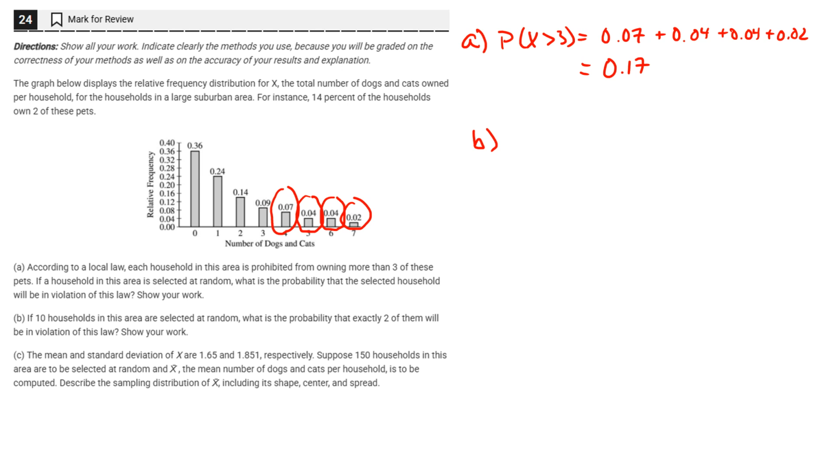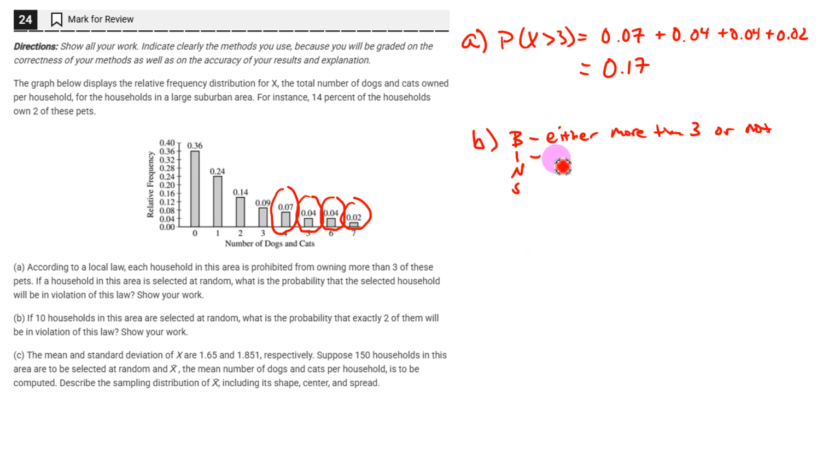So here we actually have a binomial. Just going back a bit here. We're talking about 3 pets or not. So binary. Either more than 3 or not. Independent.